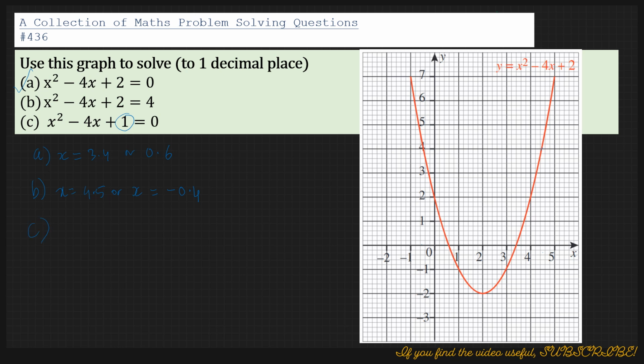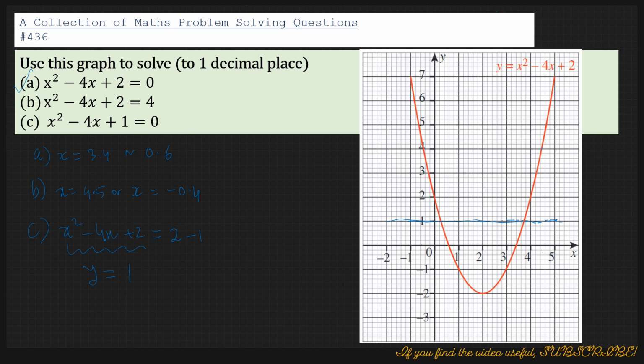So we will write it as x squared minus 4x, and instead of writing plus 1, I will write plus 2, and then I will write equals 2, so that the 2 can get cancelled out, and then minus 1, because this one goes to the right hand side as minus 1. So now this expression equals y, so y equals 1. So if I now draw the line y equals 1, it will be this one. So line y equals 1.